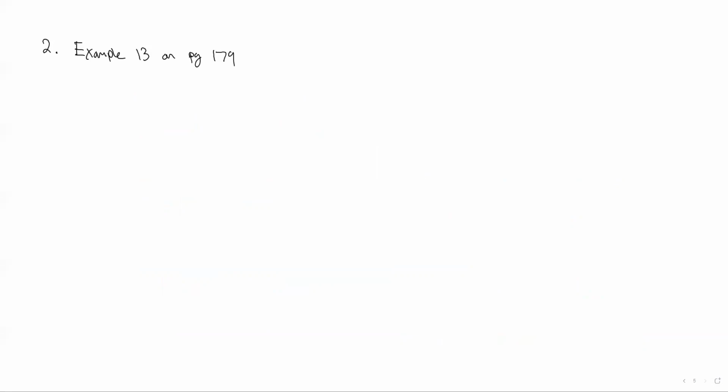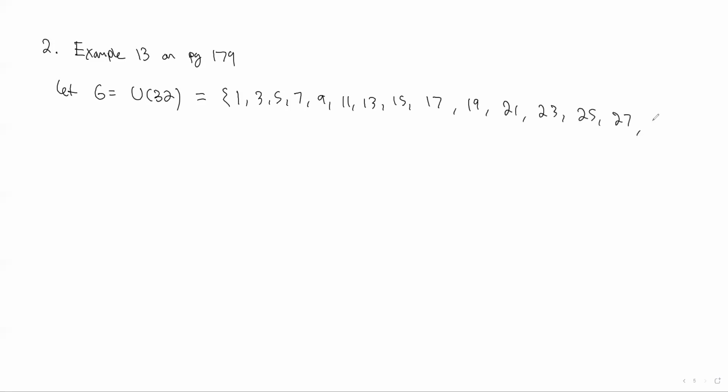Example 13: we're going to let G be U(32), the units mod 32, which is just all the odd numbers because 32 is a power of 2. So it's going to be 1, 3, 5, 7, 9, 11, 13, 15, 17, 19, 21, 23, 25, 27, 29, 31.